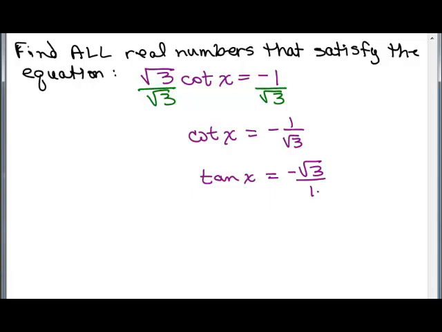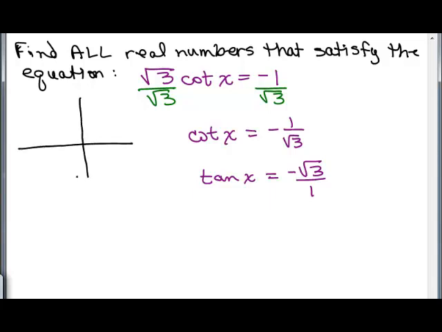Now also remember that the tangent has a period of pi. So we know that once we get one value for the tangent, if we add pi, we'll get another solution, etc. So where is the tangent negative?